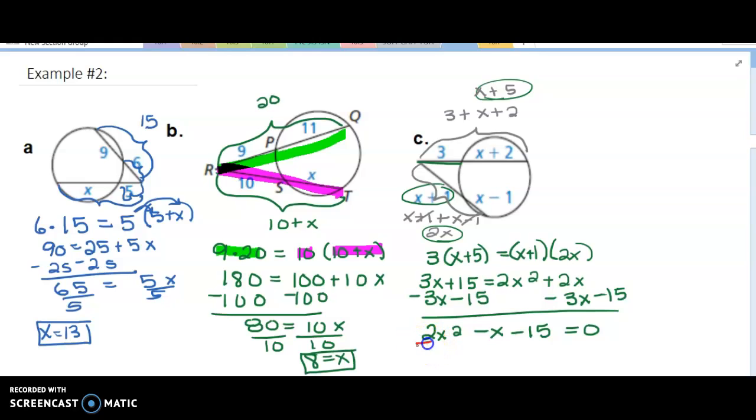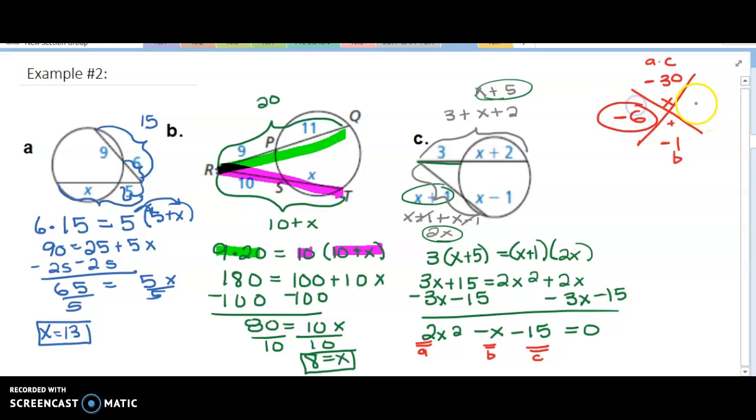All right, so now remember, my a is 2, my b is -1, and my c is -15. So I want two numbers that multiply to a times c, but add to b. So my a times c is 2 times -15, so multiplies to -30 and adds to -1. Okay, that would be -6 and +5.